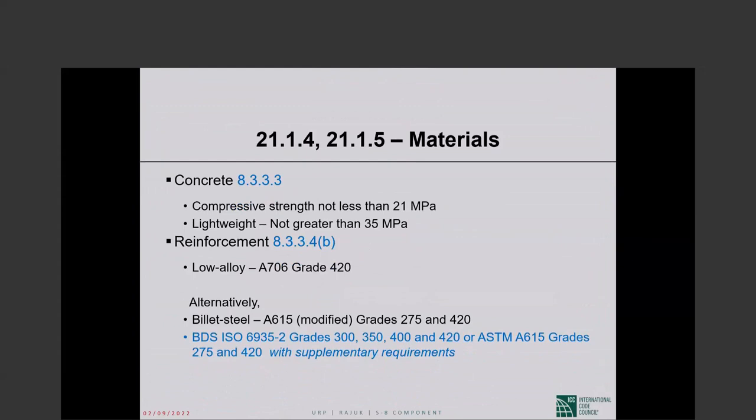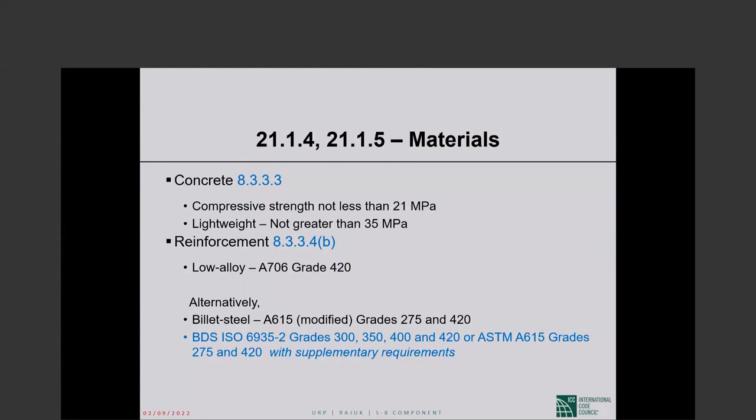Okay, now we come to the requirements of chapter 21. We do every time special detailing first, then intermediate detailing. The materials restrictions are for special detailing only, special moment frames and special shear walls.